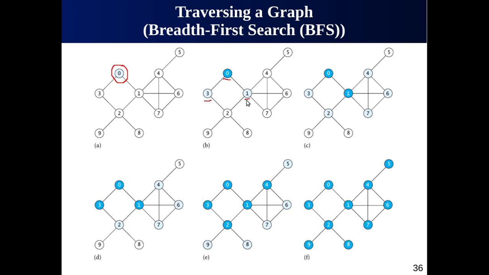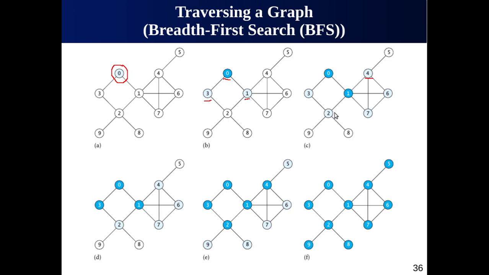We visit 1 and look at its adjacent nodes. This is the node that you have identified and colored light, but it is not visited yet. So you identify its adjacent vertices. The adjacent vertices of 1 are 0, 2, 4, 6, and 7. We skip 0 because it is not colored white, and color the other adjacent nodes of 1 light blue.